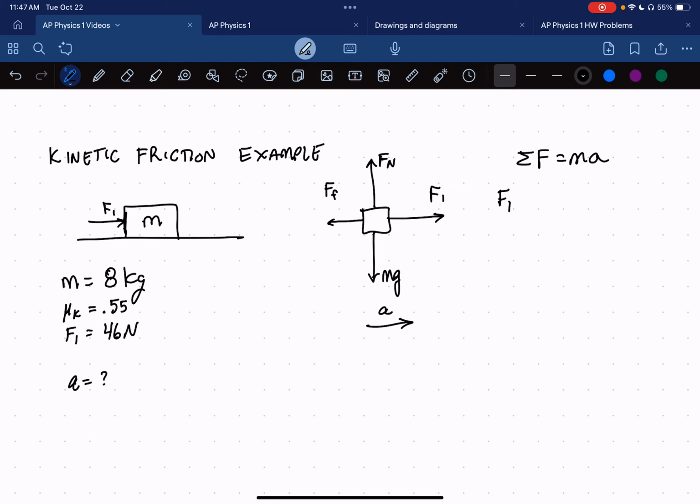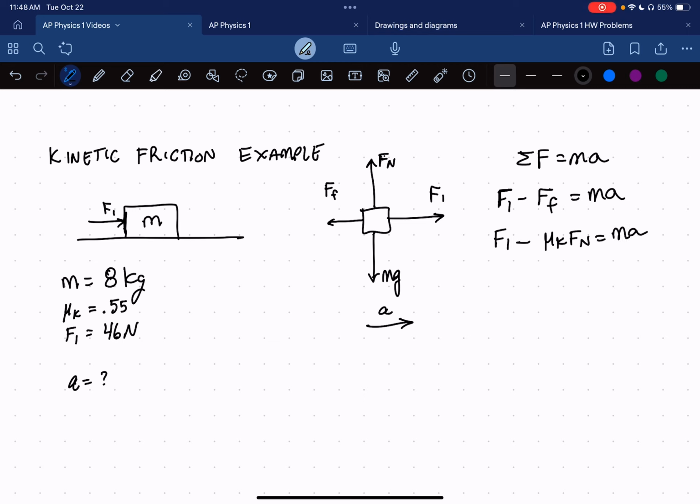This will be F1 first minus F equals ma. And before we substitute, we recognize that this friction force has to be kinetic friction. And so, we said that that is equal to mu sub k times Fn equals ma.